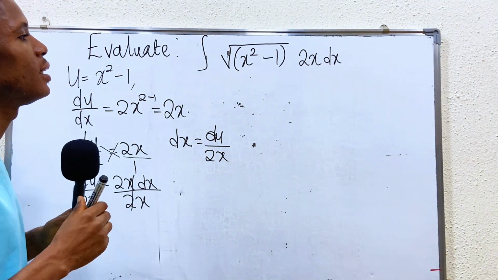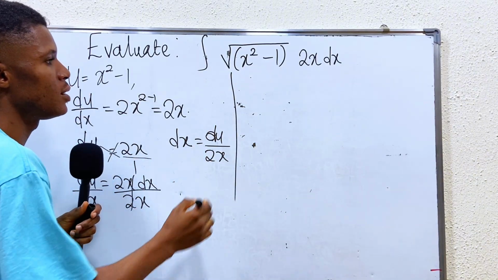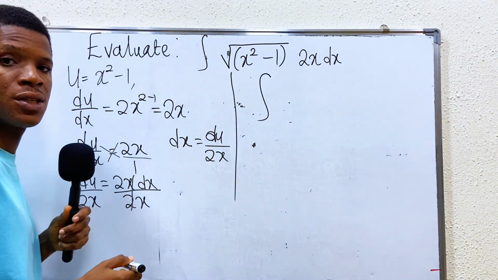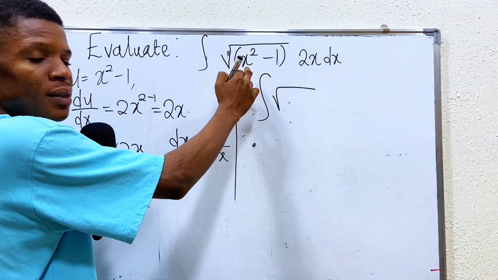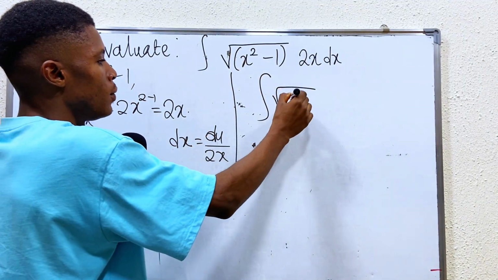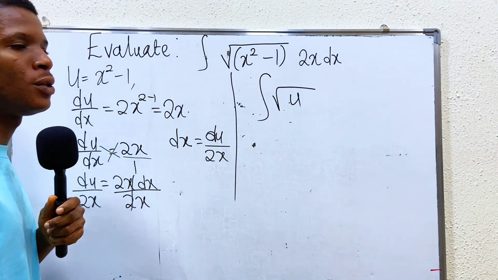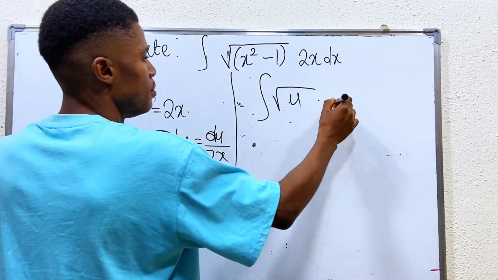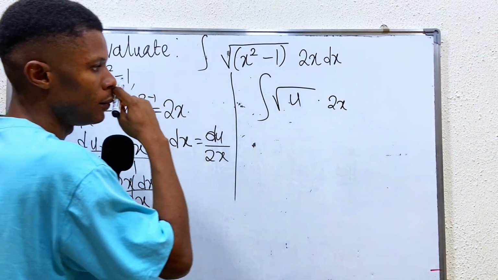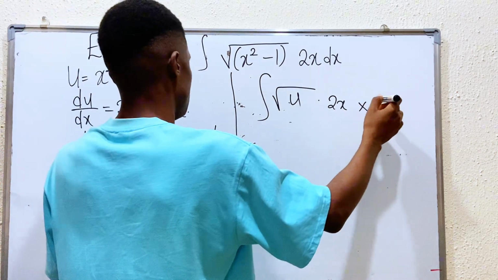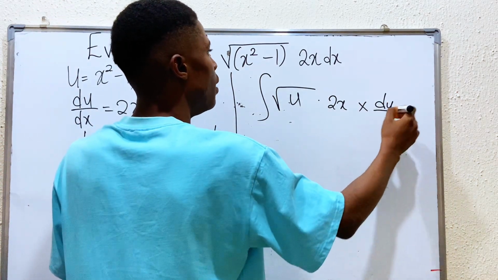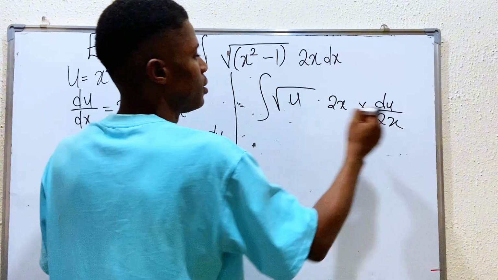So if you understand this now, you can see that the integral can be written as the integral of the square root of, instead of writing x squared minus 1, I'll write the square root of u, then times 2x, right? Then for dx, we replace it with du over 2x.